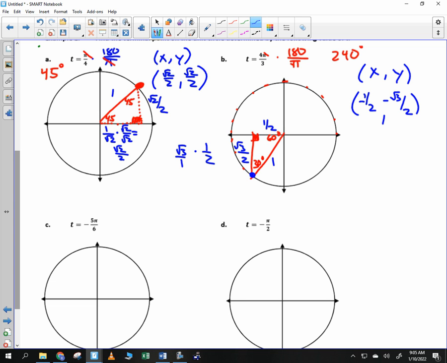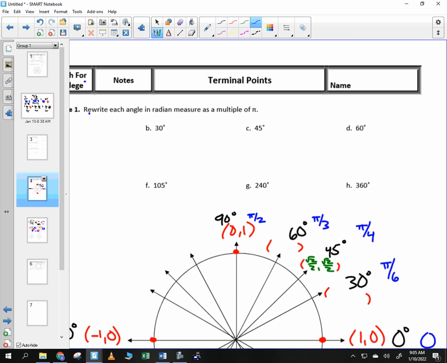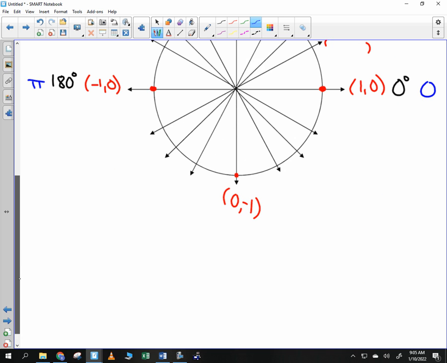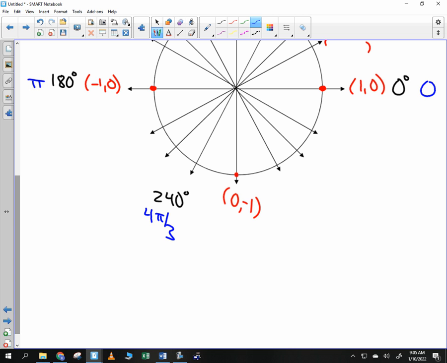If I'm in the third quadrant, both the values will be negative. So I'm going to go back to this page, and I'm going to mark that down. We have 240 degrees, which is the same as 4 pi over 3. So the location of that coordinate we just said was negative 1/2 and negative root of 3 over 2.